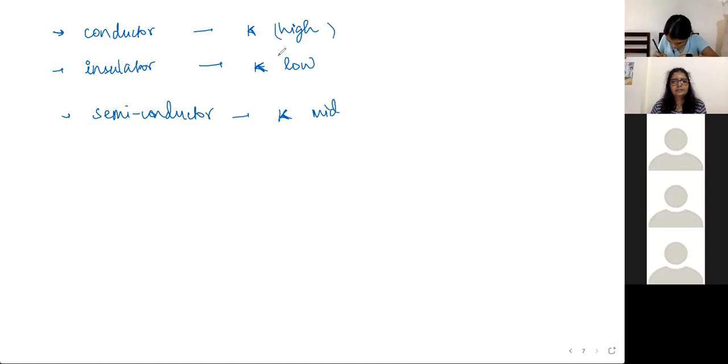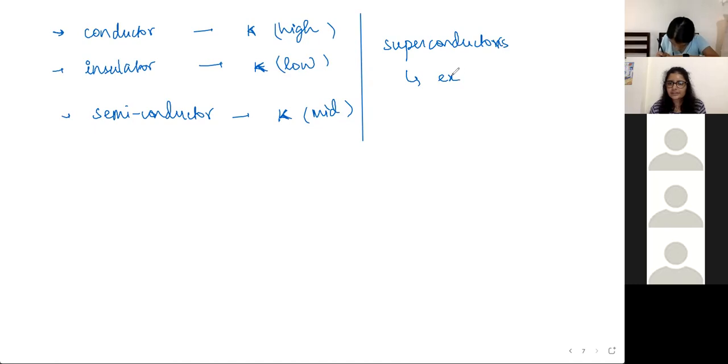This is somewhere in the middle. And then you have a special case of materials called superconductors. These have an extremely high value of conductivity, so their resistance is practically almost zero.